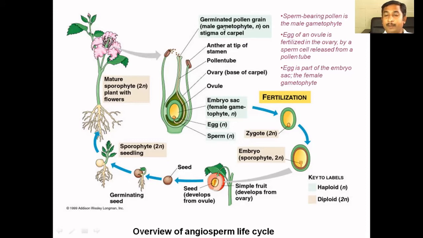They are called male gametophytes. Gametophytes, you need to remember, are haploid, and they fall onto the stigma of the carpel here, and the pollen germinates and goes inside here. This is called the pollen tube, and this is the ovary at the base of the carpel, and this is the ovule, and here is the embryo sac. Here what we get is a female egg, and this is a sperm.